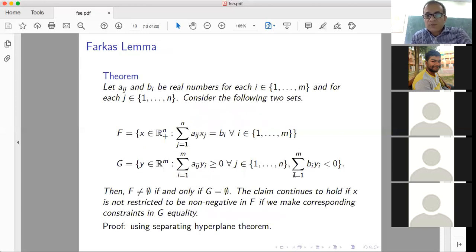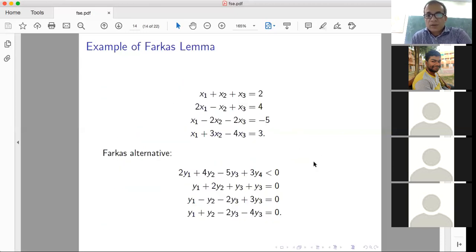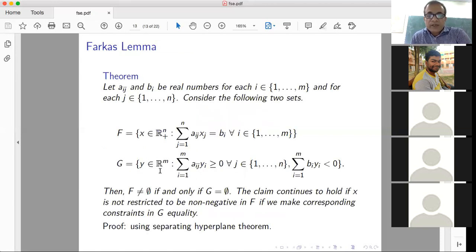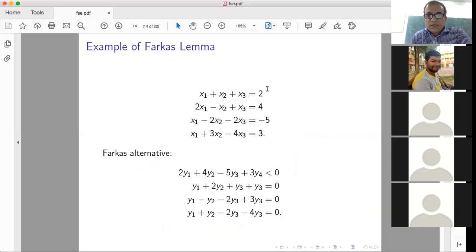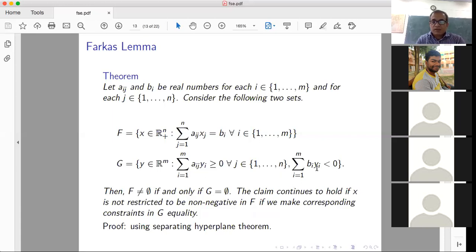Remember, it is the sum of bi yi less than 0. The set of variables here is the set of equations here. For each equation here, I have a variable: y1, y2, y3, y4. And the sum of bi yi is just 2y1 plus 4y2 minus 5y3 plus 3y4, strictly less than 0. So that's the last constraint.